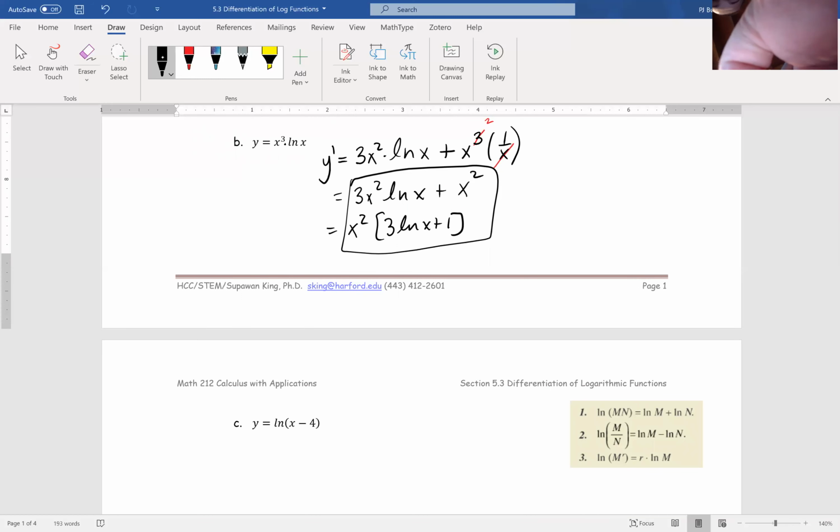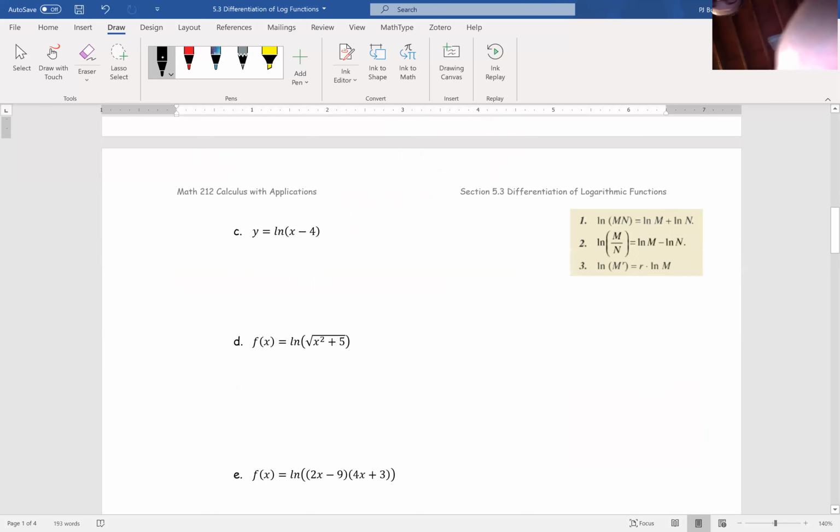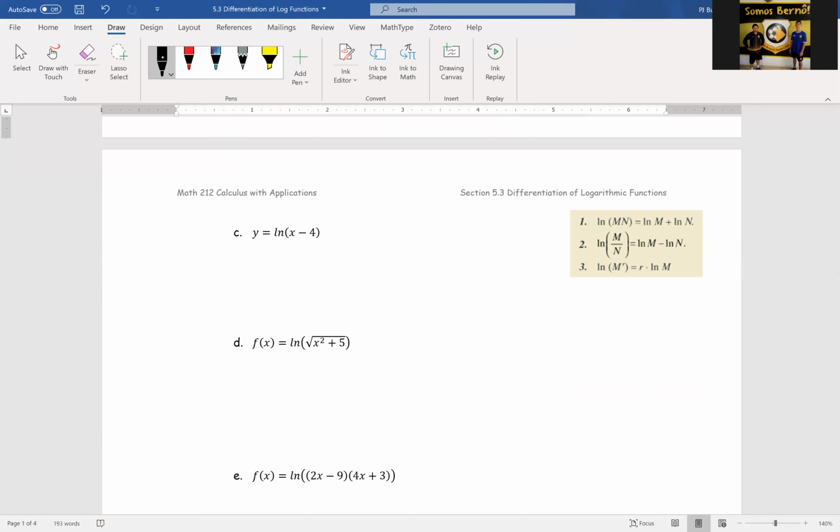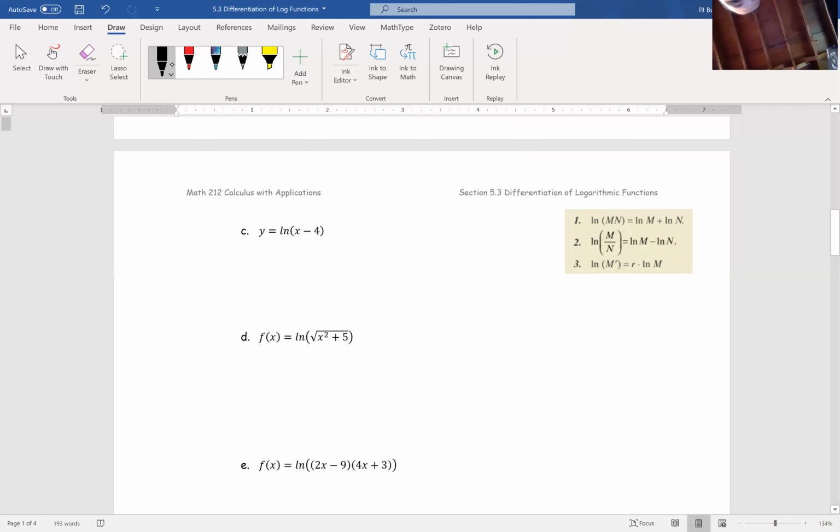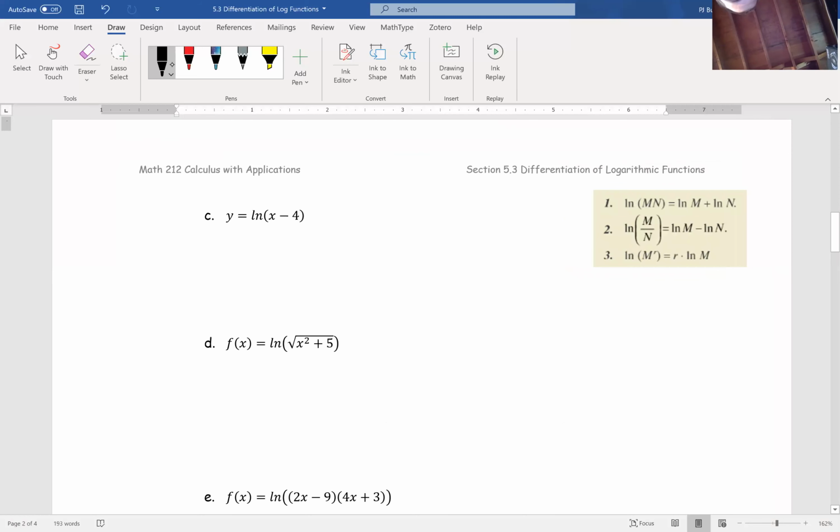So when I take the derivative, my writing keeps disappearing. Is it doing it on your screen as well? Yeah. I don't know what's going on. Give me a sec. Man, what is it doing? My computer is getting quite warm to the touch.